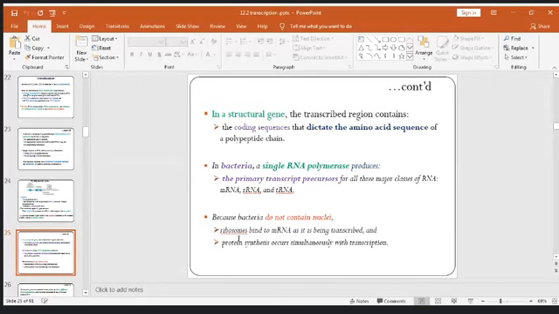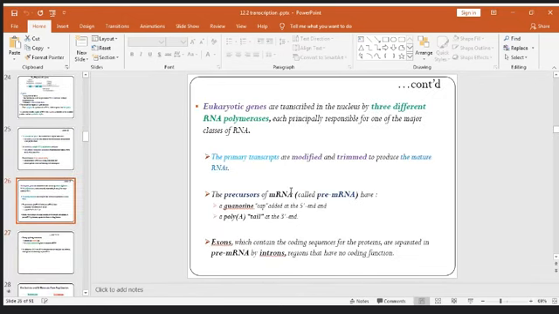The ribosomes bind to messenger RNA while it is being transcribed, and in those bacteria protein synthesis occurs simultaneously with the transcription process. You cannot identify a specific place of subcellular organelle for prokaryotes.